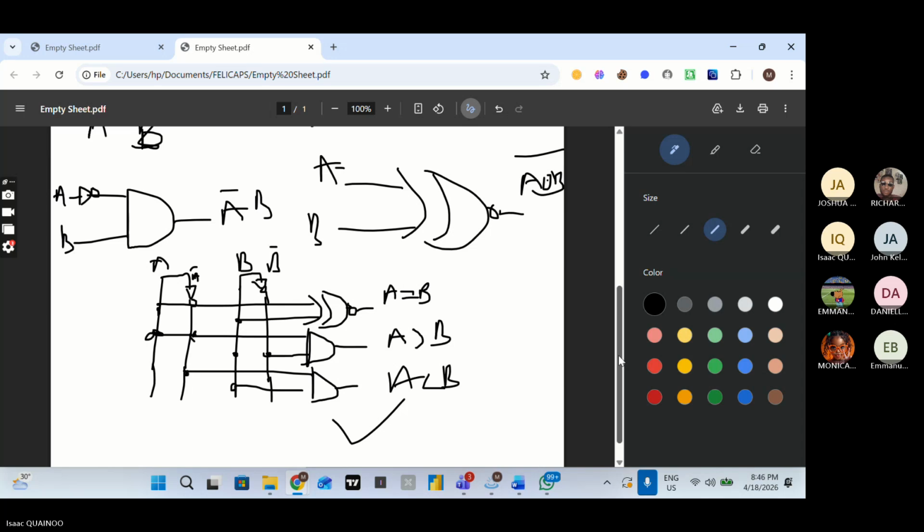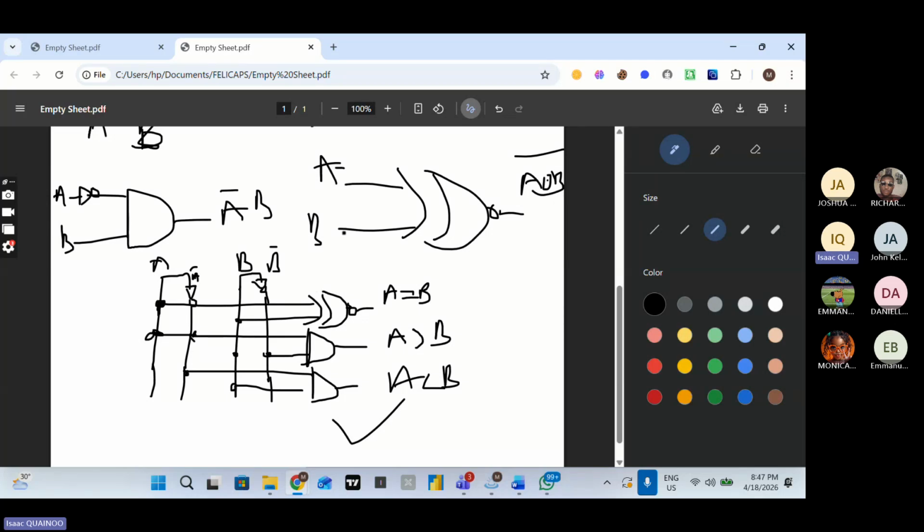Please, the A equal B, where you took your point, can you just wrap it up for me, because I can't see the point well. Oh, okay. So A equals B. We took our first input from A, which is here.